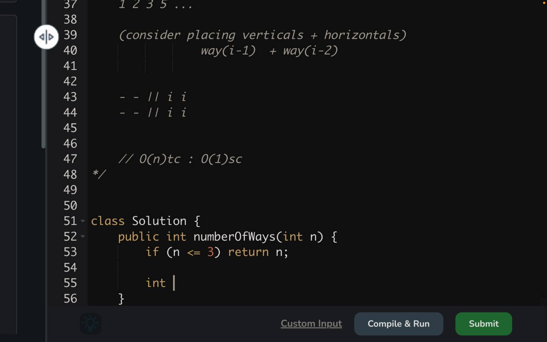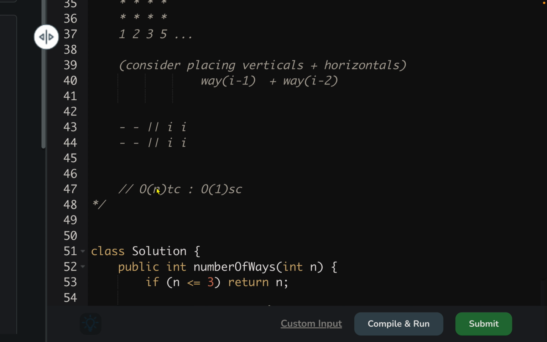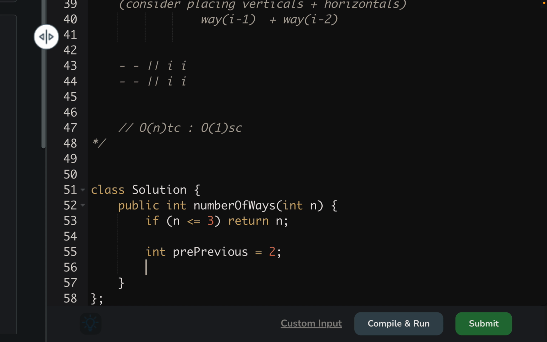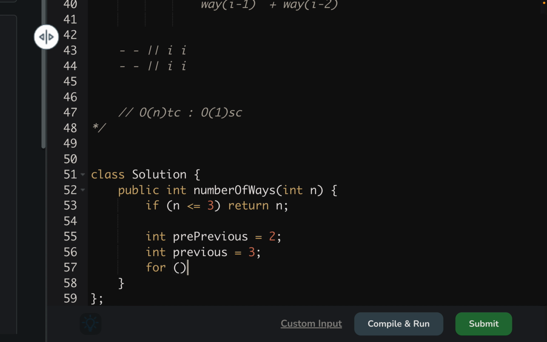So int previous equals to, what it should equal to is 2. If I am starting from 4, int previous should equal to 3. And for int I is equal to 4, remember that prior to 4 we have tackled the situation over here. I less than or equal to n and I plus plus.